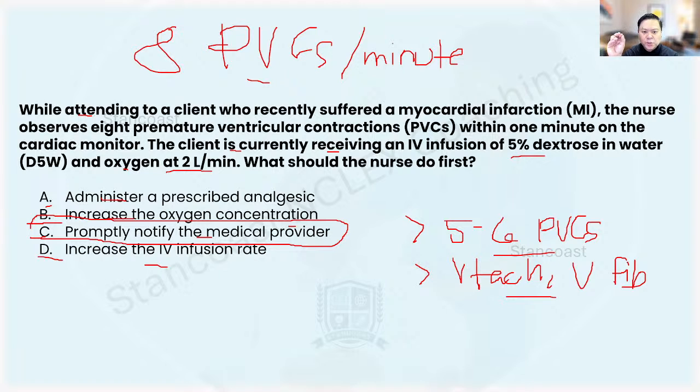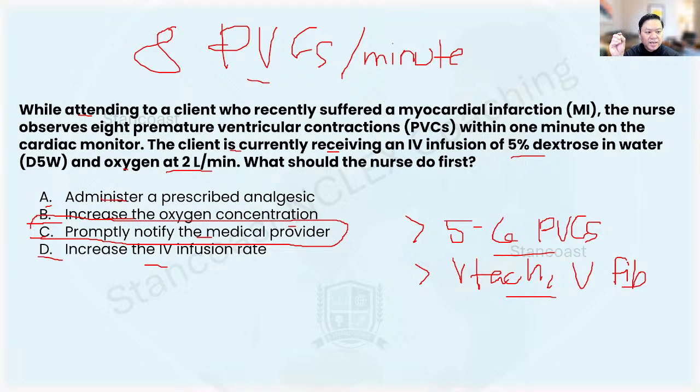So the infusion rate will not address that. Our patient does not have an issue with fluid volume. We don't see that in the scenario. We don't have information that they need IV fluids, or rather an increase in the IV fluids.